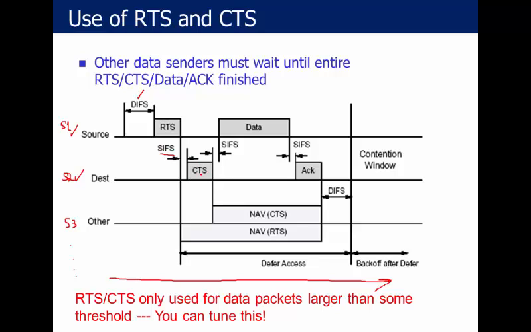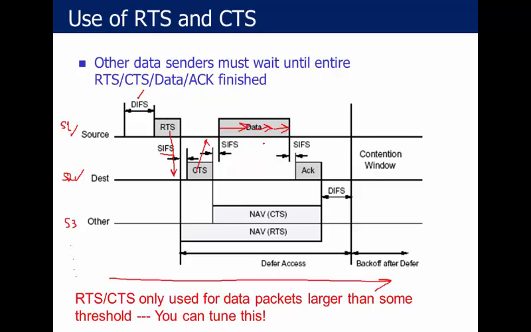The RTS comes to the destination, and the CTS goes back to the source. When the CTS is received at the source side, then wait again a short interframe space. Because the destination has responded and the channel is now clear to use, therefore send data. This is data.